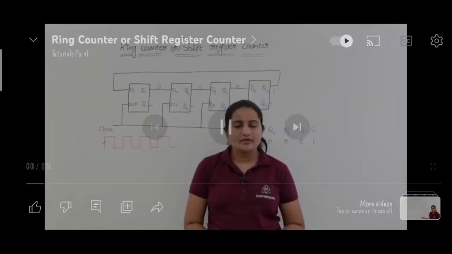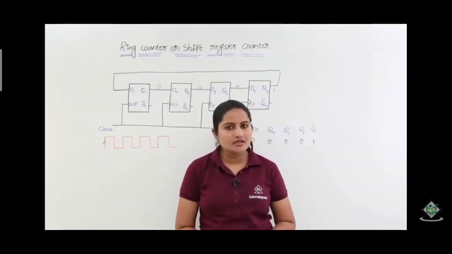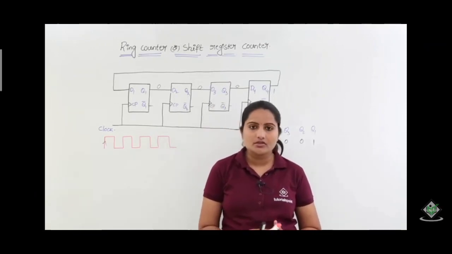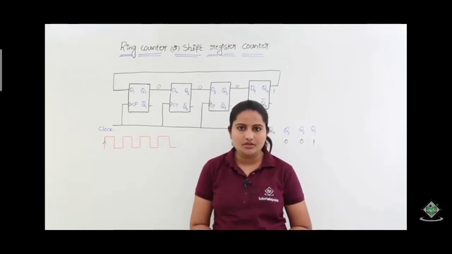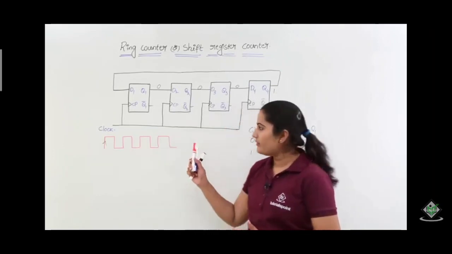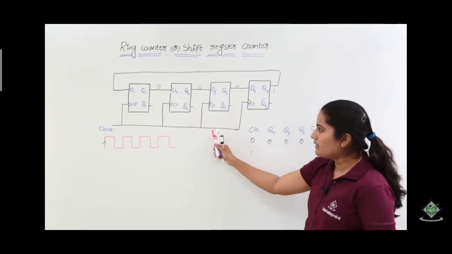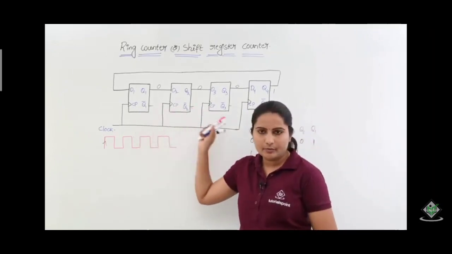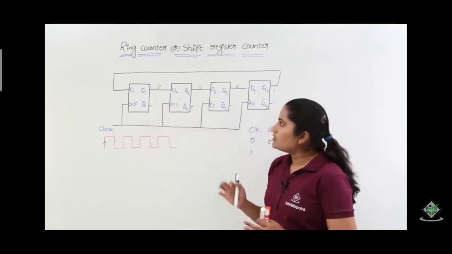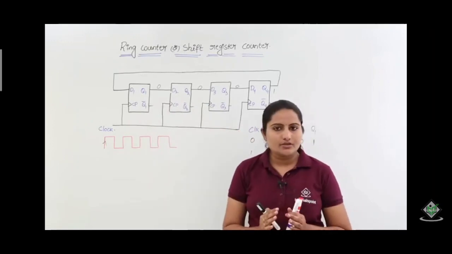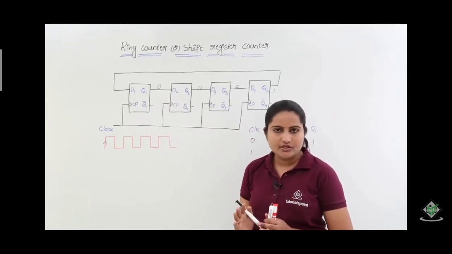In this class, we are going to discuss the ring counter or shift register counter. This is also one of the types of synchronous counters, in which we have a similar clock pulse for each and every flip flop. You can observe the similar clock pulse for each and every flip flop here. This ring counter is similar to a shift register. Why?